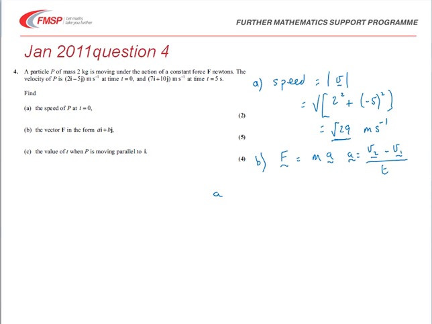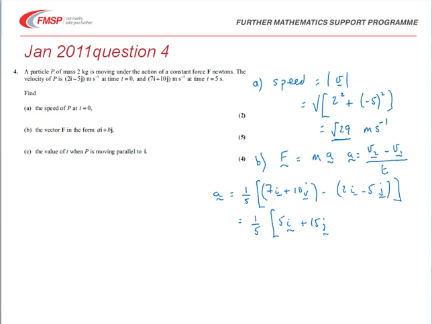The acceleration is equal to 1/5 of v2, that's 7i plus 10j, minus v1, 2i minus 5j. So first of all, calculating that, I leave the fifth outside the bracket. It's 1/5 of 5i plus 15j.